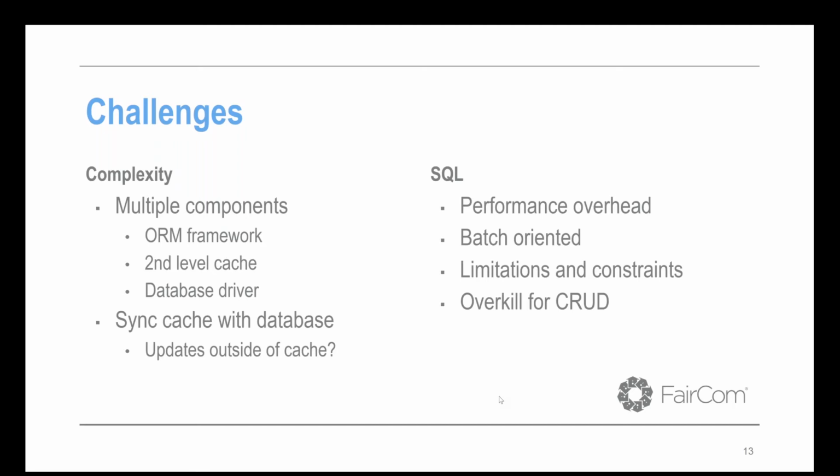We don't have to go across the network, so why do we have to use a batch-oriented paradigm? And certainly there's limitations and constraints within the language itself. I mean, SQL is great, it does a lot, but when you find yourself in a situation where you can't make it do exactly what you need, then you start to get a little bit more stuck, if you will. Do I force it? Do I do without it? Do I do some stuff in my app logic and some stuff in SQL? So it's not always the best fit.